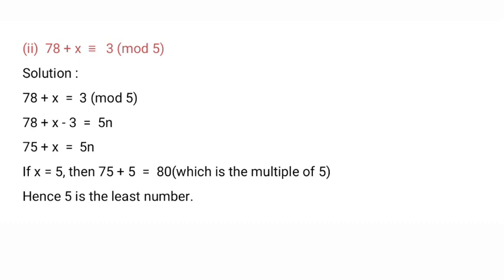Therefore 78 minus 3 equals 75, plus x equals 5n. Put x equal to 1, 2, 3, etc. For x equal to 1, 76 is not divisible by 5. For x equal to 2, 77 is not divisible by 5, and so on. Substituting x equal to 5, we get 80, which is a multiple of 5. Hence 5 is the least number.